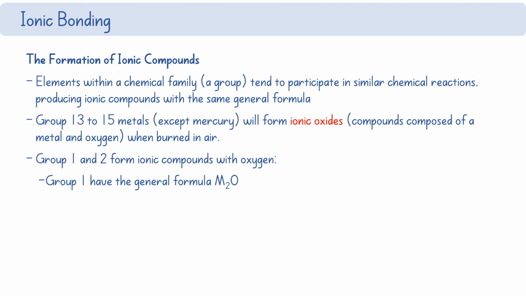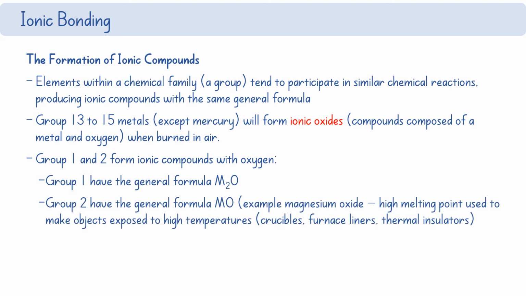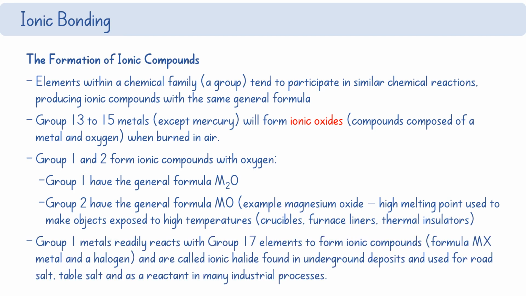Group 1 have the general formula M2O. Group 2 has the general formula MO, except of course magnesium oxide, which has a very high melting point and is used to make objects exposed to high temperatures: crucibles, furnace liners, and thermal insulators.